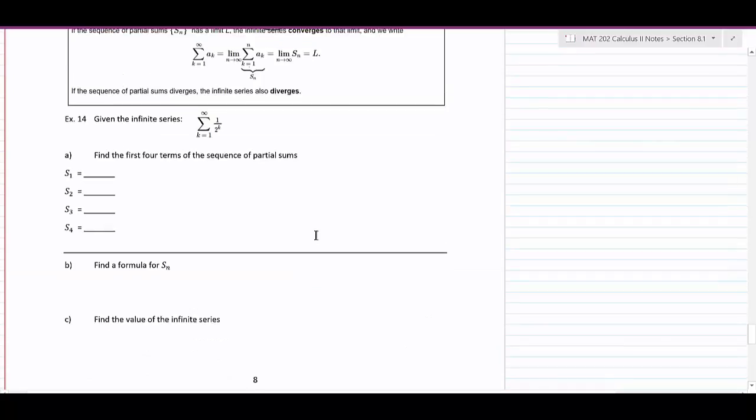With this one, now this is an infinite series. I've written that in the form with the sigma notation like that. Before we do the sequence of partial sums, let's write out some terms.